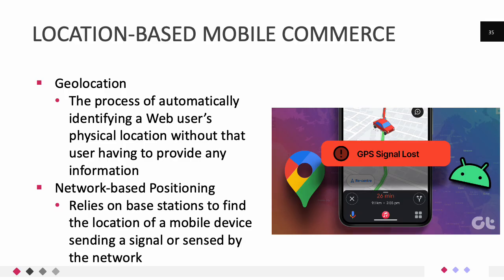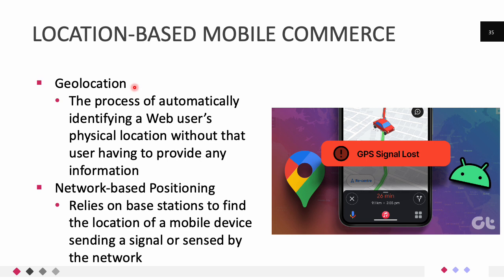Okay, so let's talk about how your phone knows where you are. It's not magic. It's actually a science, and that is called geolocation. It means that your phone can automatically figure out your exact physical location without you having to type in your address. So how does it work? Well, there are two main ways.